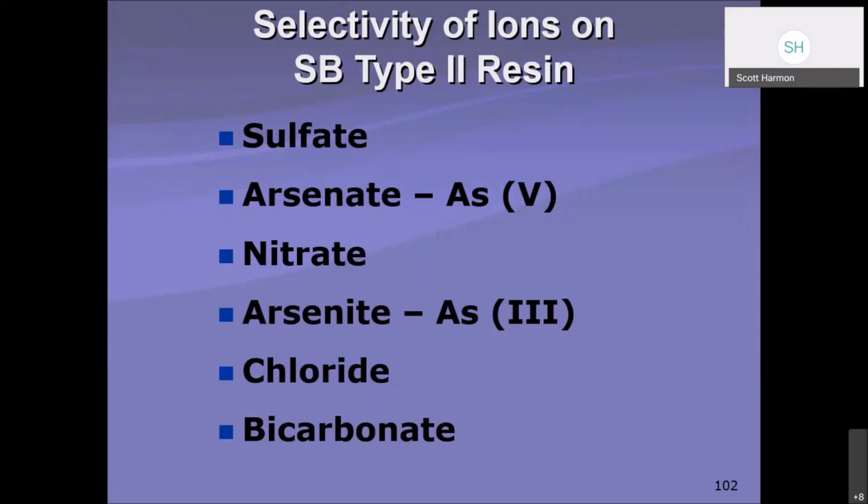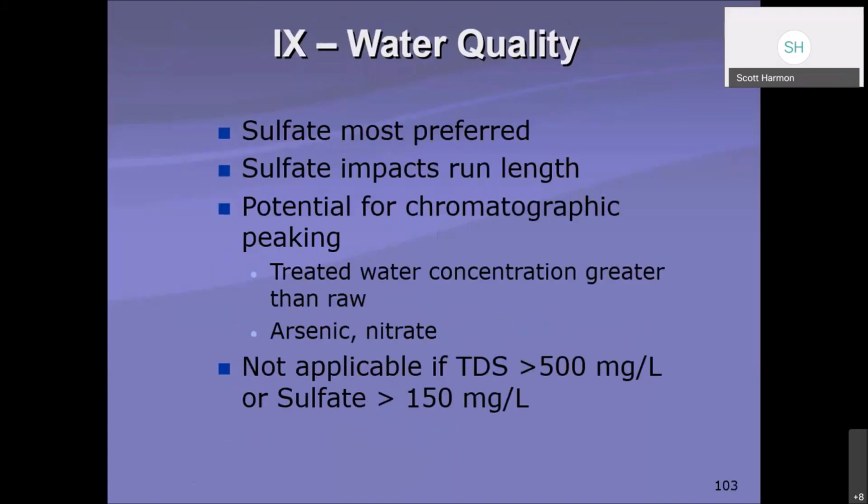So this next one shows the different selectivity of ions for the type of resins you may want to use in the ion exchange. So for sulfate, arsenate as 5, nitrate, arsenate as 3, chloride, and bicarbonate. For your water quality portion, sulfate is the most preferred. Sulfate impacts the run length.